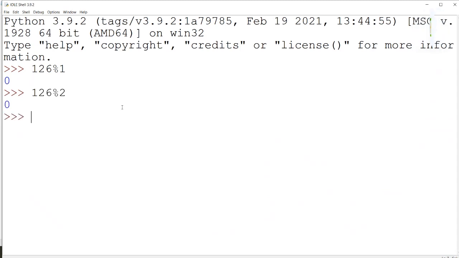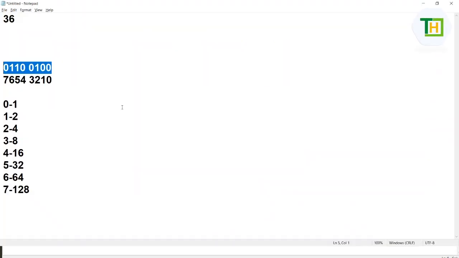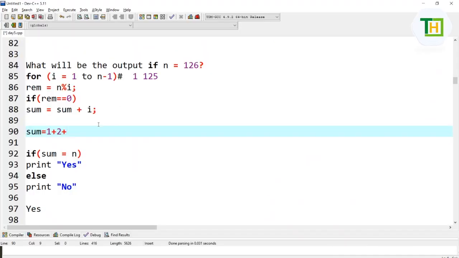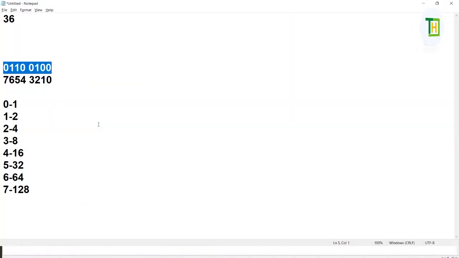And 126 mod 2 is 0. If it is divisible by 2, it is divisible by 63 also, right? Then immediately I'm going to add 63 also.